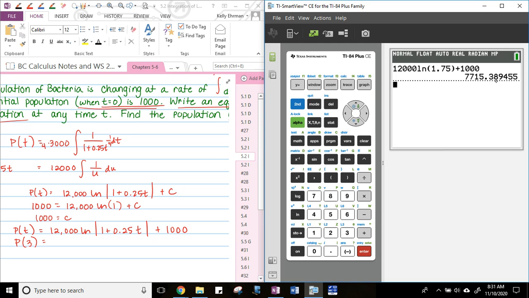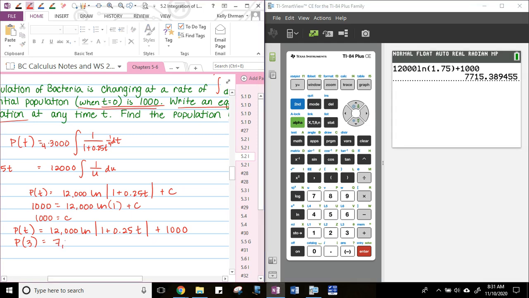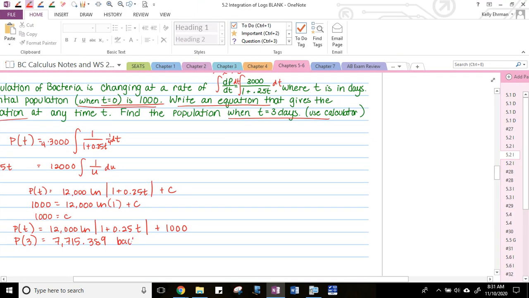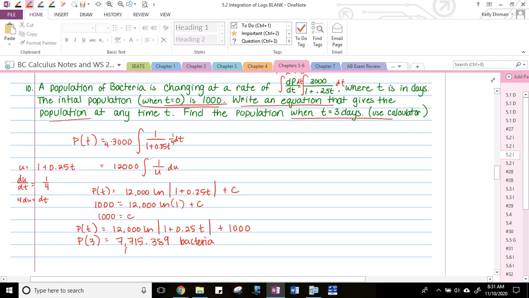So I'm going to keep this to 3 places. So 7,715.389 bacteria. And maybe I'll round that to 7,715 bacteria.